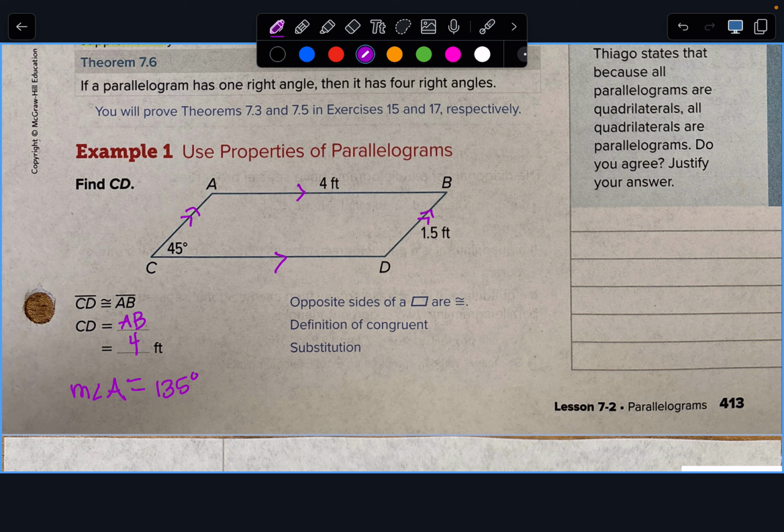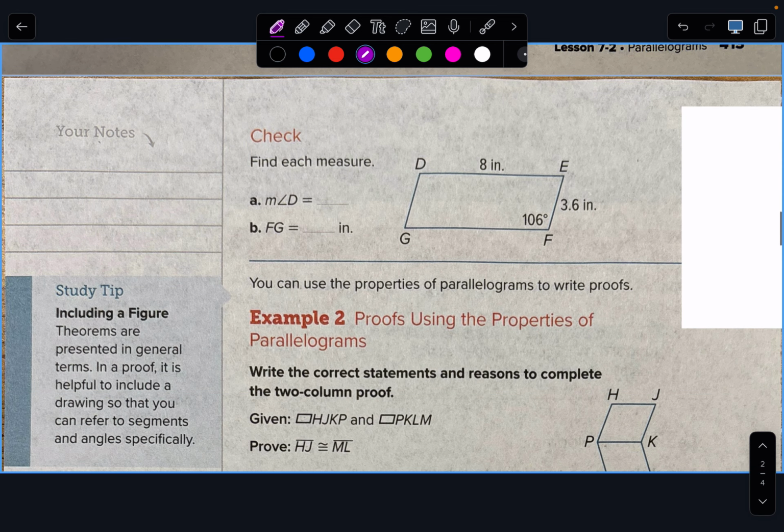Okay, how did you get that? We know that they are supplementary. What about the measure of angle B? It would be 45 degrees. What would the measure of AC equal? 1.5. Okay, top of the next page, fill in those.